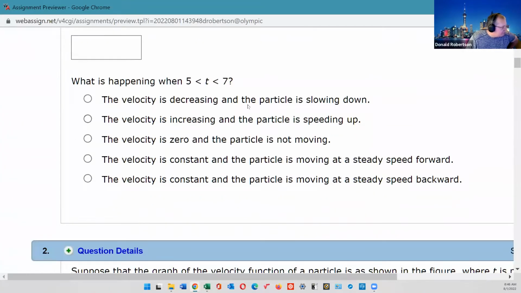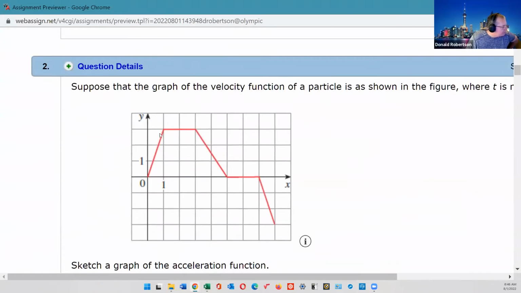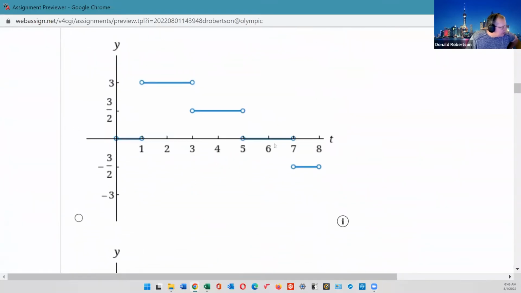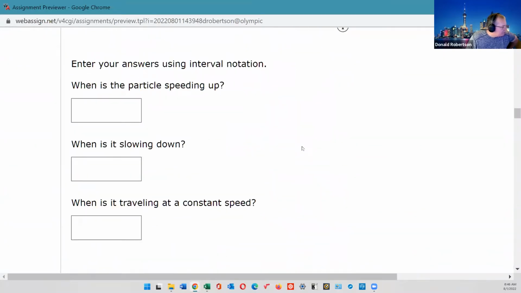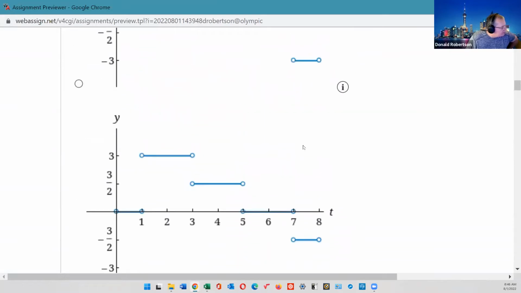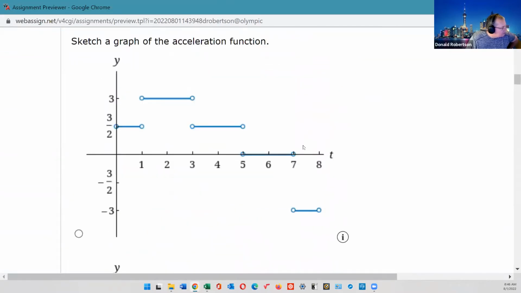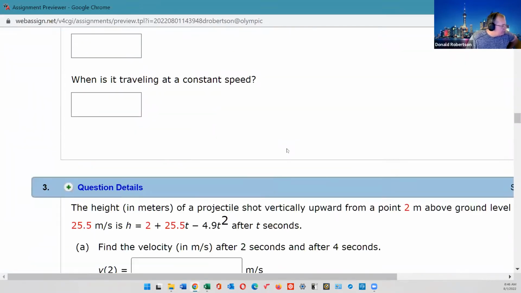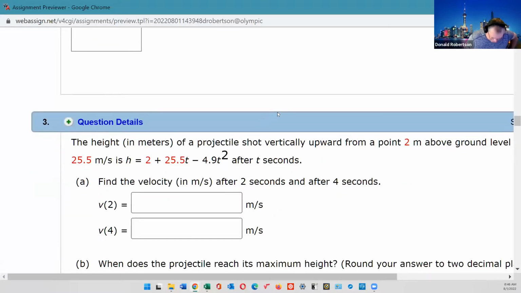And it asks you speeding up or slowing down. There's the graphs that you pick. One of them's right. And then it asks you speeding up and slowing down. And that's pretty much that. It's not a big group of questions, but that question is finished.